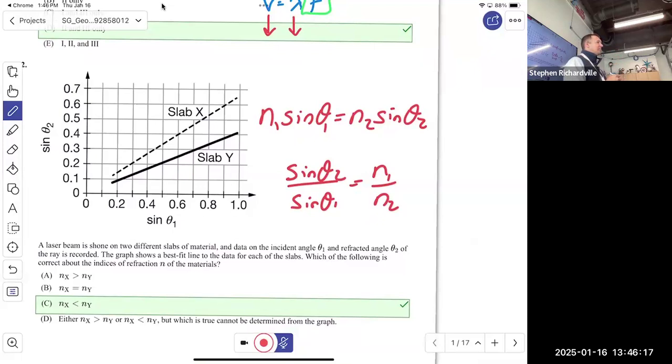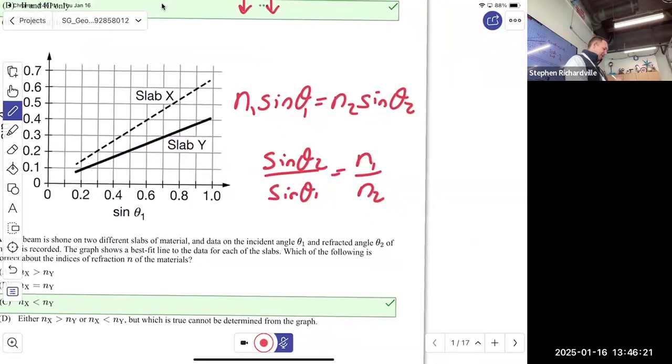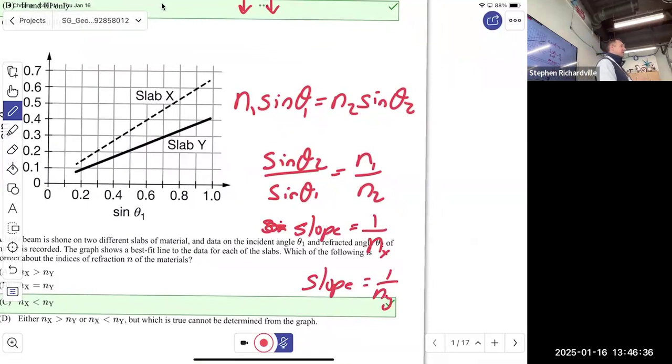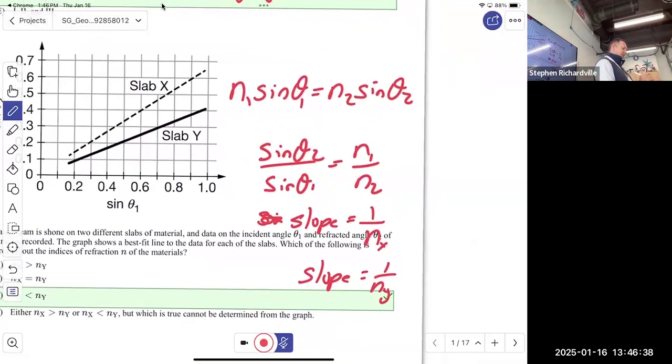Is that kind of okay? Because I'm assuming in each case, like for instance, with slab X, sine theta 2, or really slope, equals 1 over nx, or slope equals 1 over ny, if that makes sense. Because in each situation, my N1 would be maybe air as I go into that material.